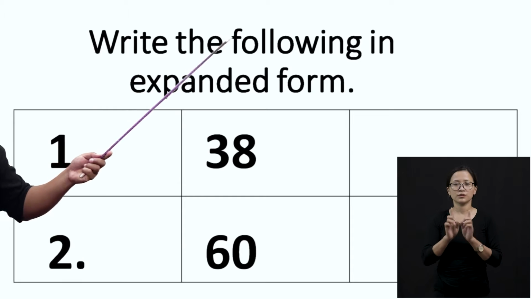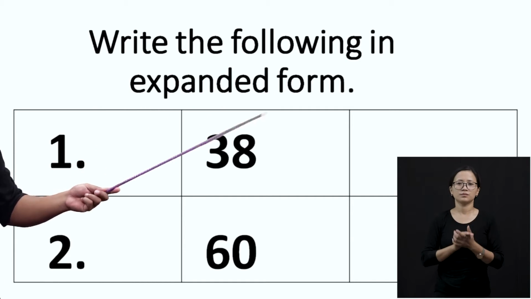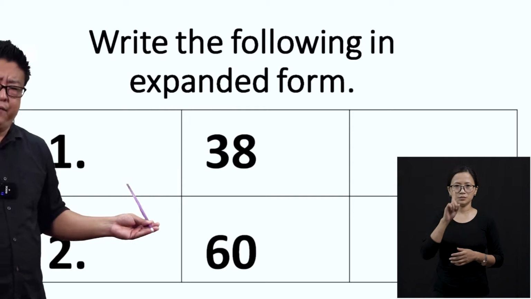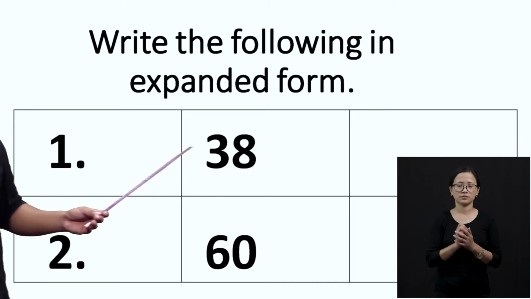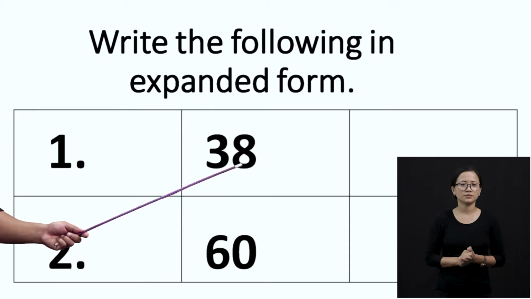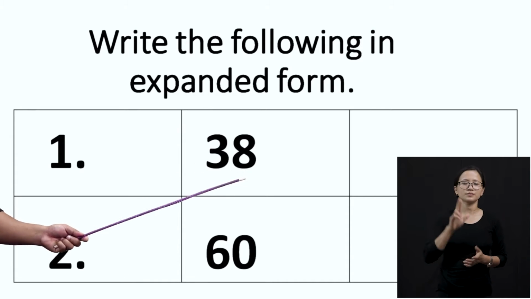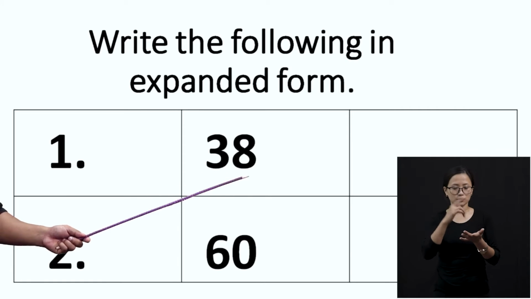Write the following in expanded form. In the first row we have the number 38. Let's try to identify the places first. This 8 is in ones place, right?